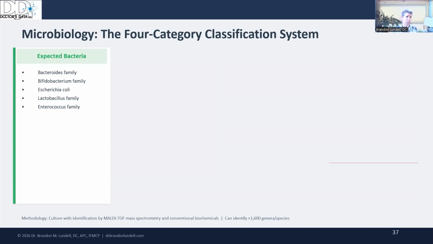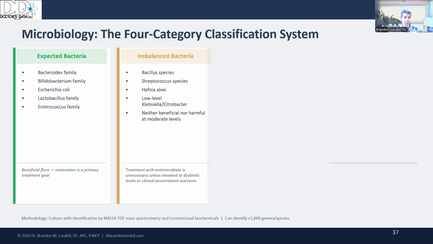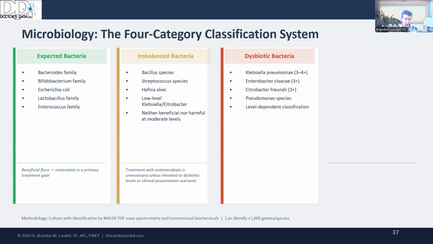The microbiology is also one of my favorite aspects of the GI 360 and the comprehensive stool analysis. You get the expected bacteria, imbalanced bacteria, and dysbiotic bacteria, and I'll get into that. Doctor's Data uses a threshold of 3 plus or 4 plus growth, meaning Klebsiella, if it's only a 1 or 2 plus, might be in the imbalanced bacteria, but if it's 3 or 4 plus, it gets into the dysbiotic bacteria.